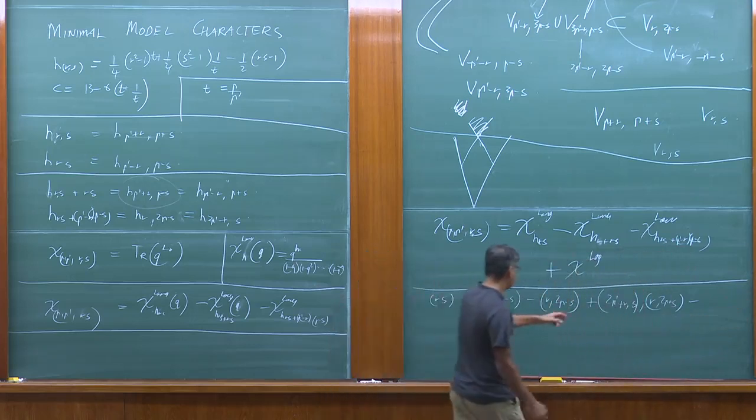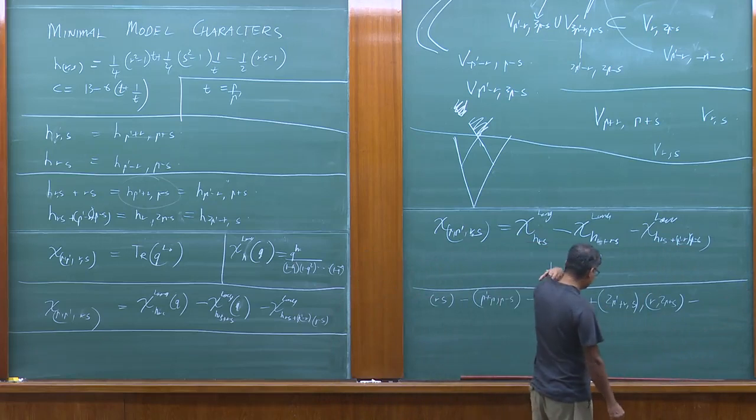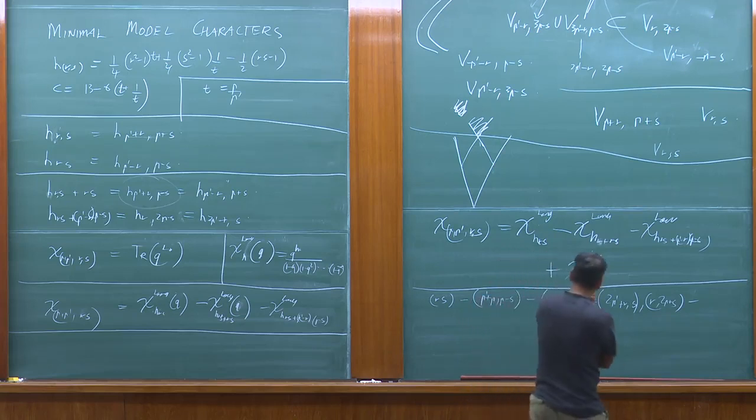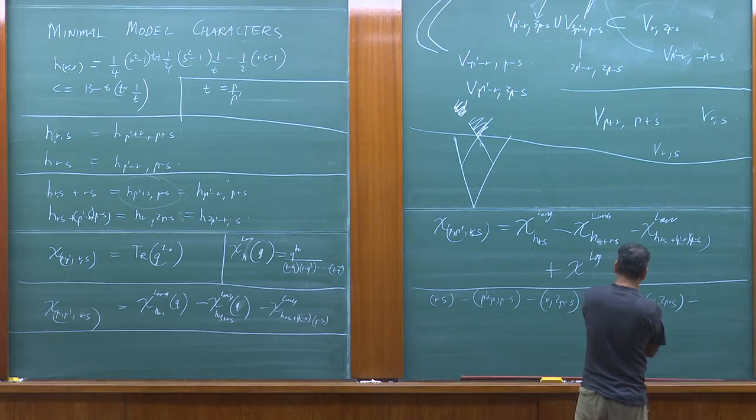You're right that in what we did, we had p prime minus r and 3p minus s, which is, oh.